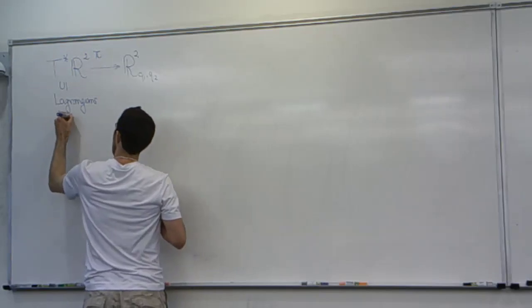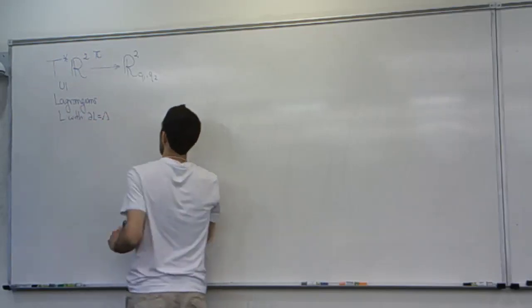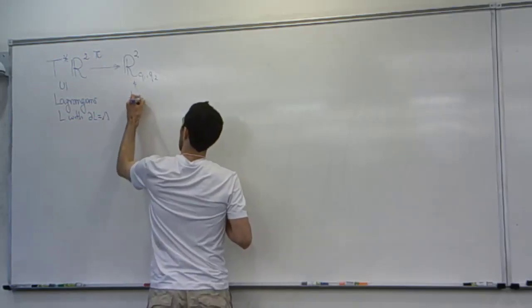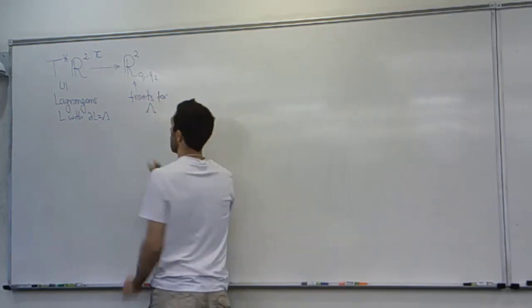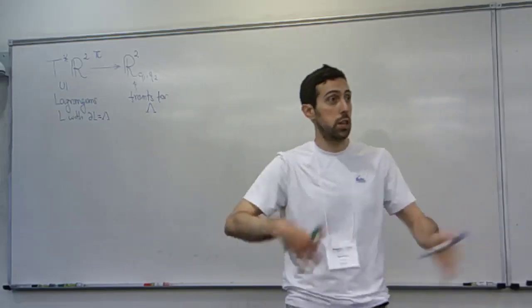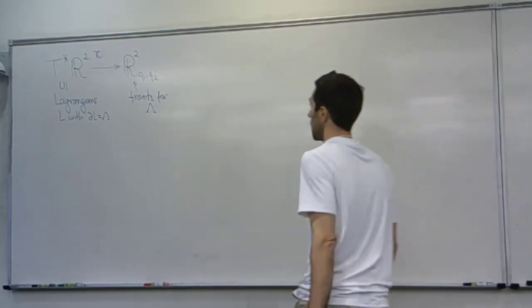So Lagrangians L with partial of L equals lambda. And here is where we draw fronts. So here you had fronts for lambda, which, as we saw in that theorem, you can manipulate, you can do Legendre isotopies, and thinking of them in terms of movies, you can find Lagrangian fillings in that way.